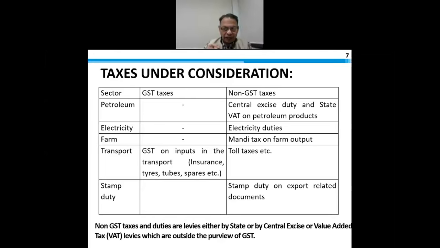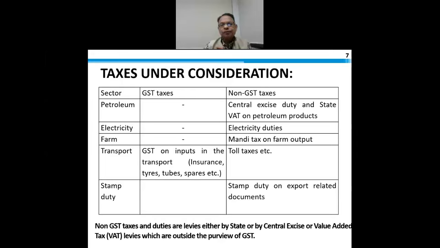Both are heavy duties. If you put together, it would be almost the same as custom duty and IGST. Somewhere it might reach 20%, 25%, 30%, because central excise duty may remain common, but state VAT differs from state to state.